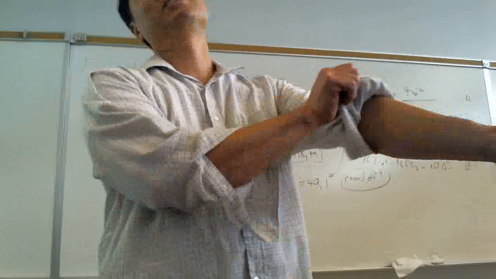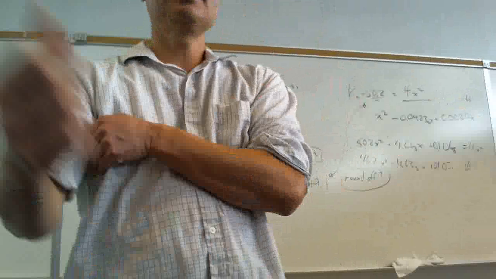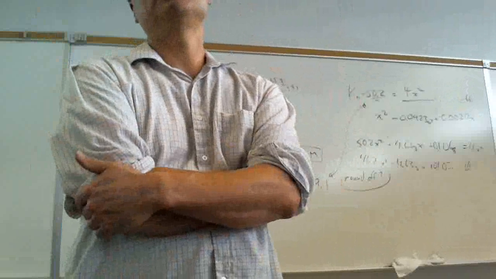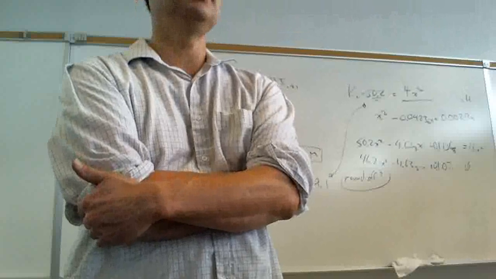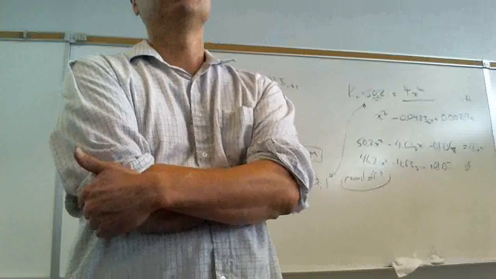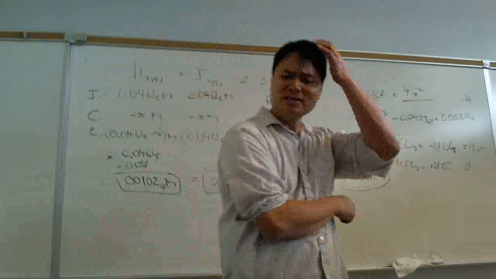You got to watch out for the solutions manual. The reason why I emphasize this thing about intermediate round off is because the solutions manual is notorious for rounding intermediate steps. Yeah. And it always leads to an error.